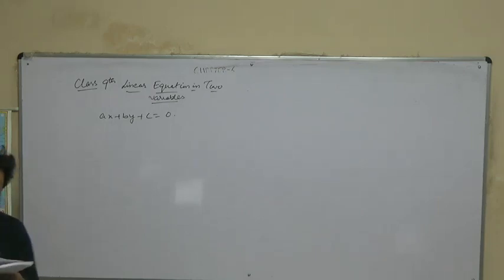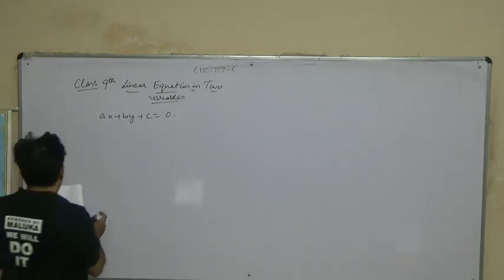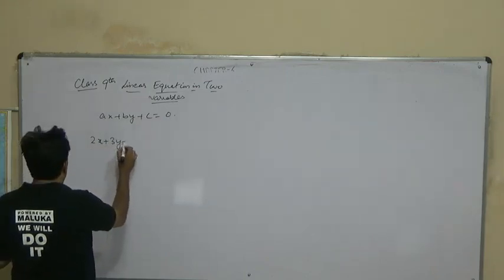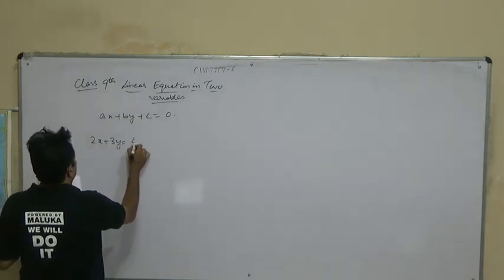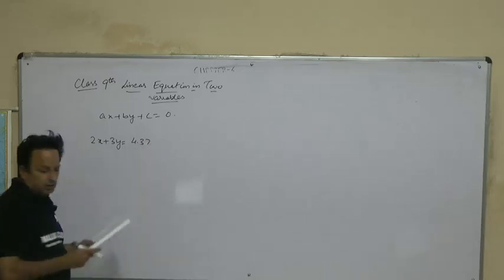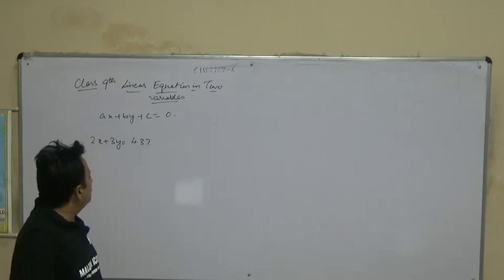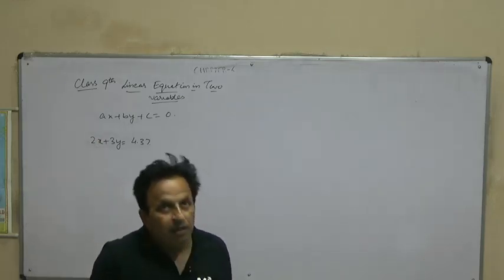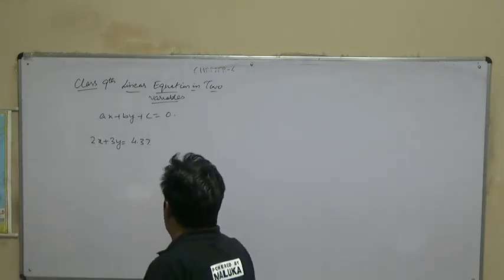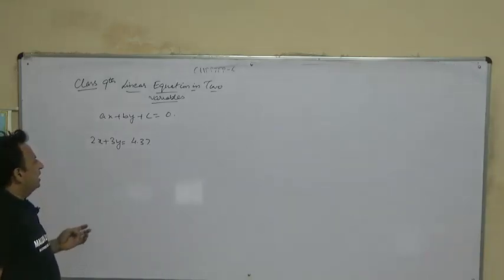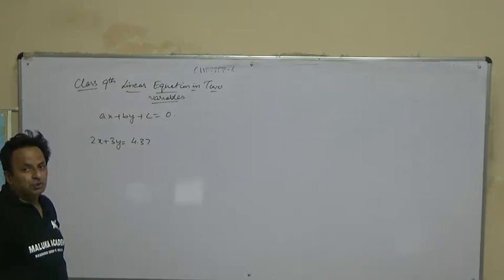Likewise, we have got the equation 2x plus 3y is equal to 4.37. In the main equation, what we have to get is that all the terms are on one side and the right hand side should be equal to 0.